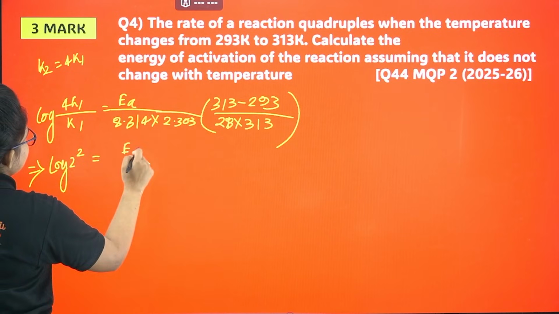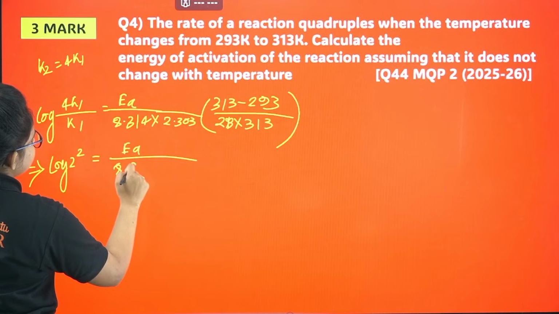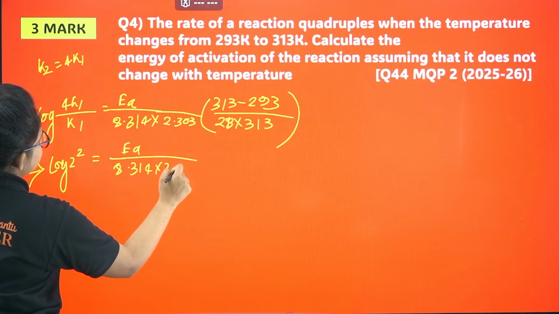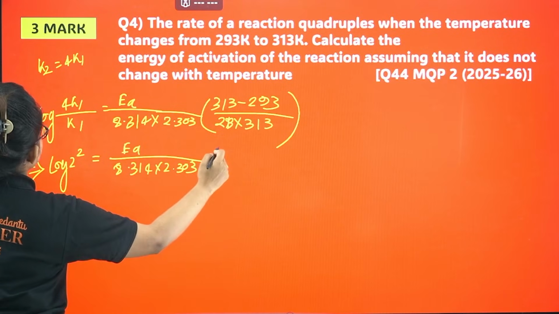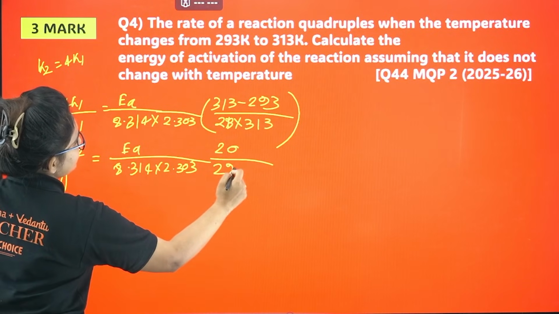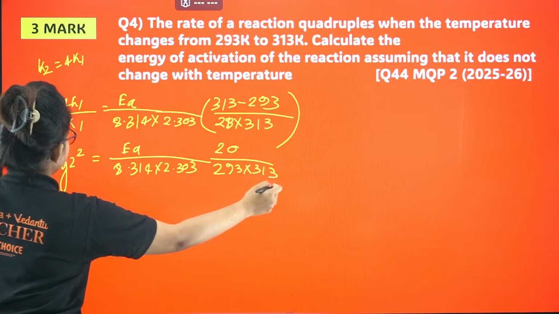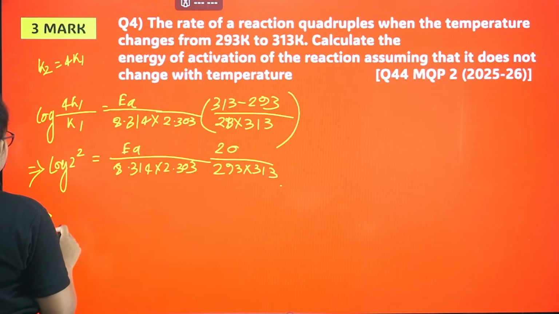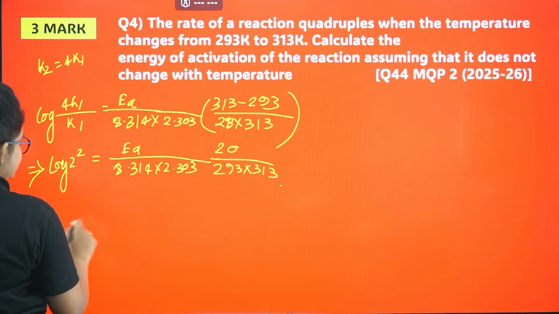Ea by 8.314 into 2.303. Here you will get 20 divided by 293 into 313. Now simply if you just calculate this thing, log 2 value is 0.301.